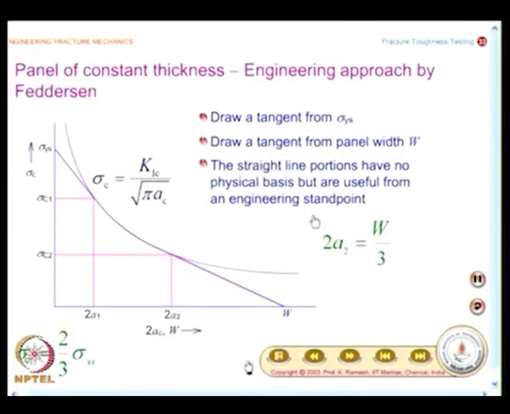They have brought in certain thumb rules and simplifications, and they have made your life simple for applying fracture mechanics concepts to practical geometry. So, this is the way that he has given. So, you are not taking the complete curve, you will have a straight line portion, a curve, and a straight line portion. From this, you could also go and find out what could be the minimum panel width. We will see that.